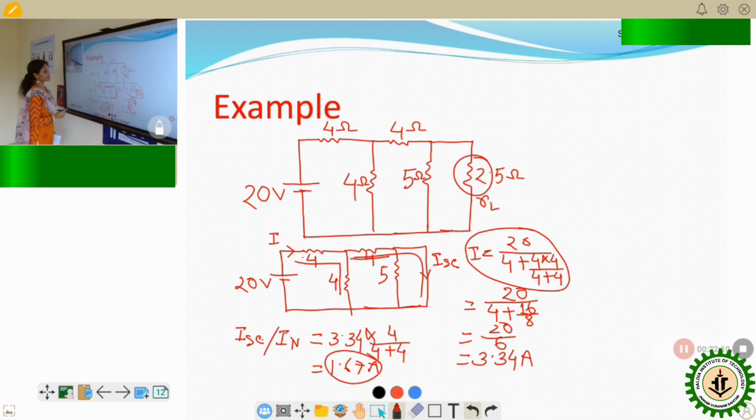So after calculating ISC or IN, calculate RN. So before calculating RN, remove all the voltage sources and the current sources. As this network has only one voltage source, only remove that voltage source by short circuiting.